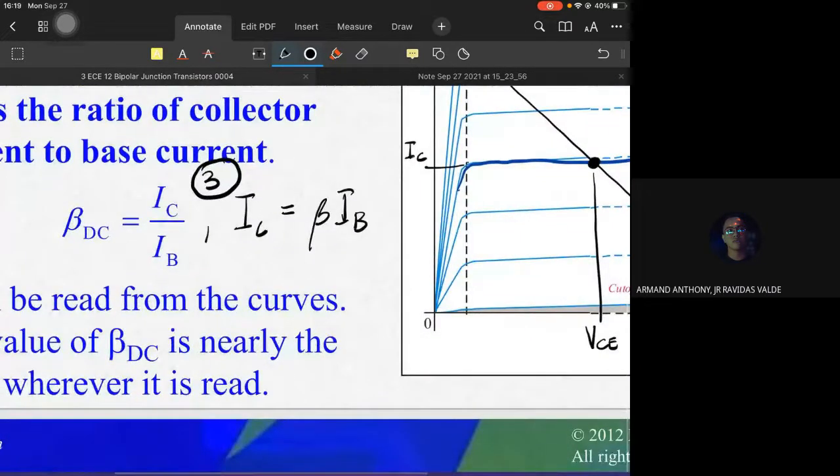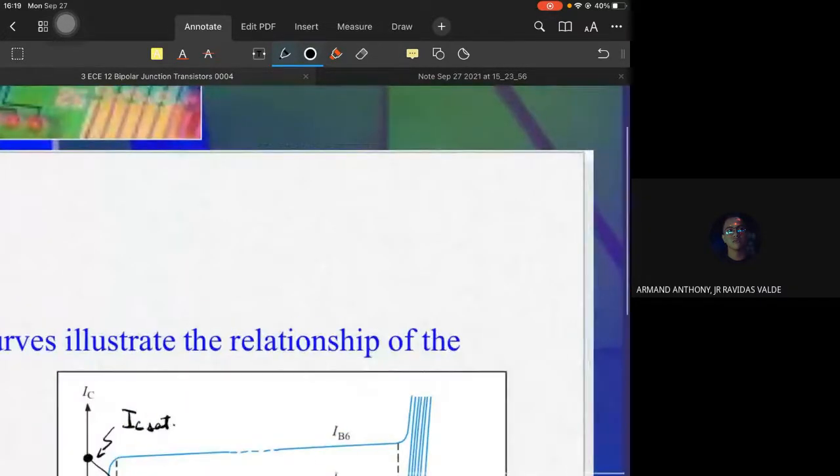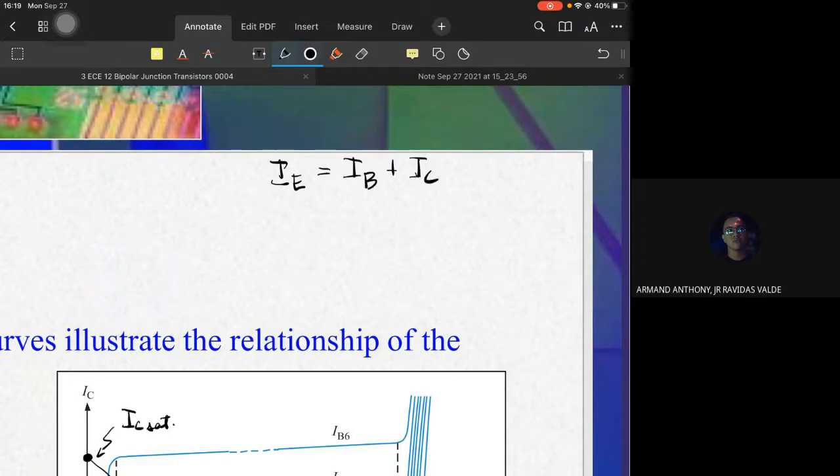So combining relationship number 3 and relationship number 1 before, we could establish relationship number 4. If IE is equal to IB plus IC, and IC is equal to beta IB, IE then is equal to IB plus beta IB.